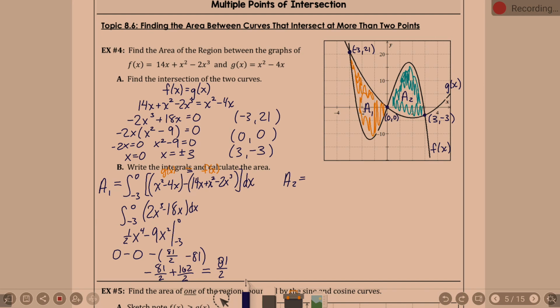0 to 3. This time we're going 0 to 3. Then 14x plus x squared minus 2x cubed, and then minus x squared minus 4x.